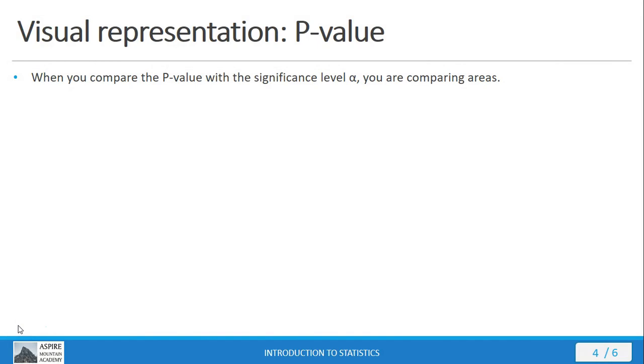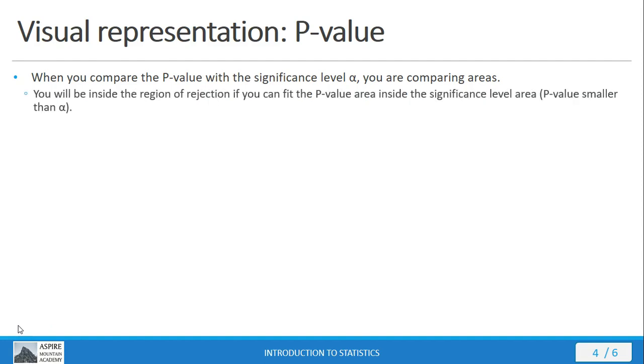Let's look at some visual representations of what we just described, because I think this will help a lot of students better understand the concept. So let's start by looking at the p-value. When we compare the p-value with the significance level alpha, we've got an area that we're comparing with an area. So if we're inside the region of rejection, which is the critical region, we can fit the p-value area inside the significance level area.